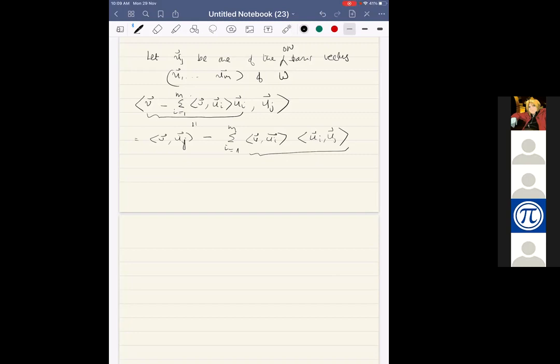What you would get is the inner product of V and uj from the whole sum. Why is that? Because it's an orthonormal basis, and (ui, uj) is 0 unless i equals j, in which case it's 1. So this sum, as you said, is just (V, uj). So you get (V, uj) minus (V, uj), which is 0.